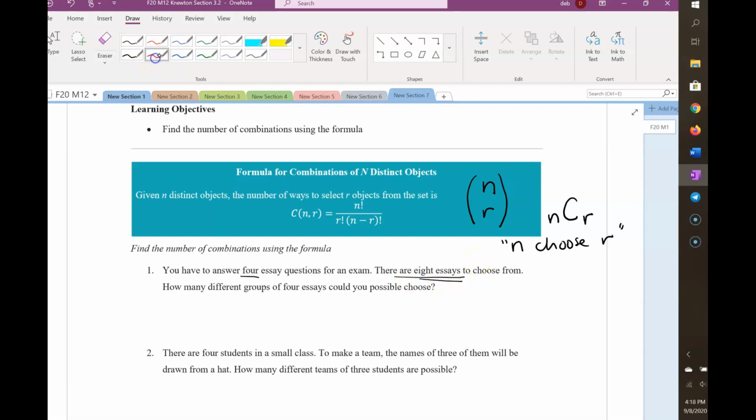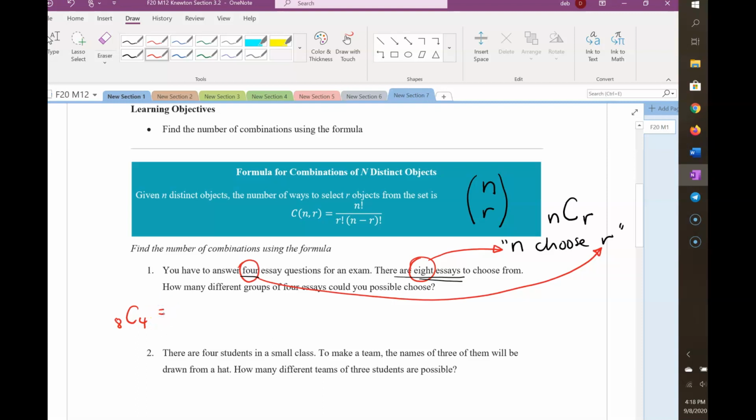So the 8 essays are how many there are to choose from, and the R is how many you are choosing. So this is asking you to calculate 8 choose 4.